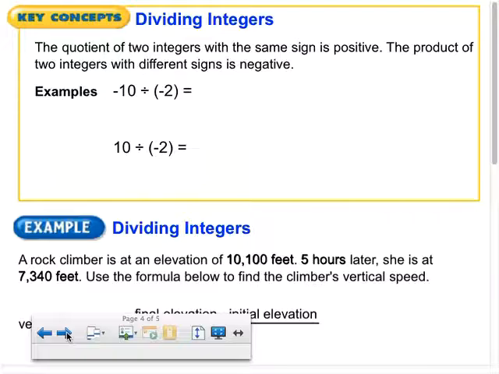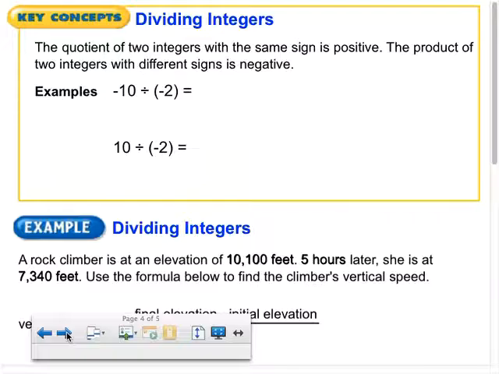So first of all, what's my answer sign going to be? What's the sign of my answer going to be? Yeah, my answer sign. So are these the same sign or are they different signs? Do I have the same sign here or are they different signs?